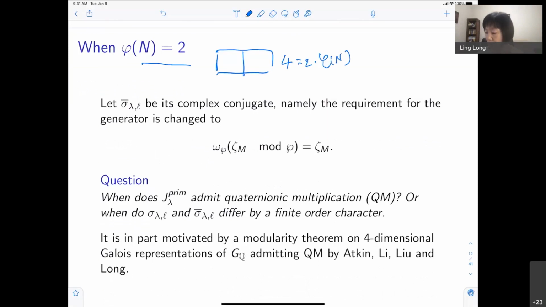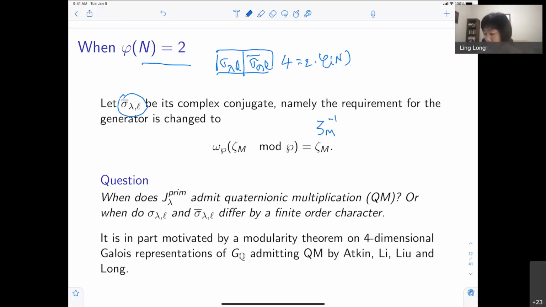And so there will be a sigma, lambda, l, and then there will be a kind of complex conjugate. The complex conjugate is actually the choice I'm making, the opposite choice. The first choice is sending the primitive nth root to its inverse, and its conjugate will be sending to the opposite choice. All right, so then we have 2 of those Galois representations.